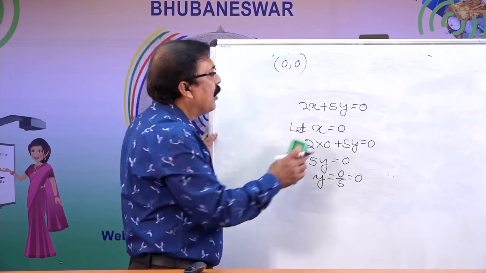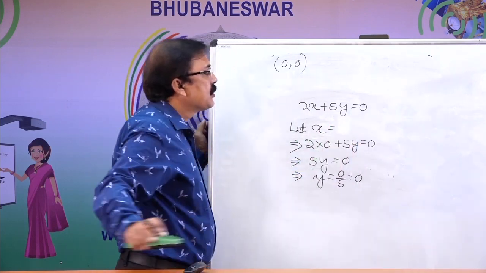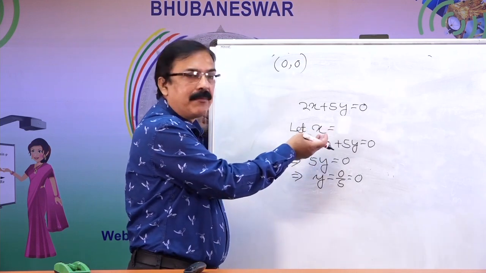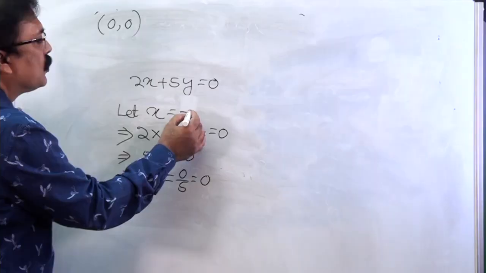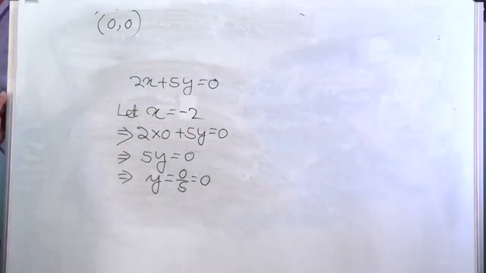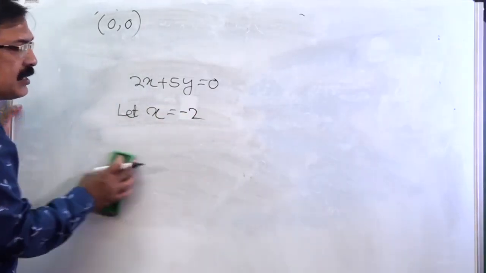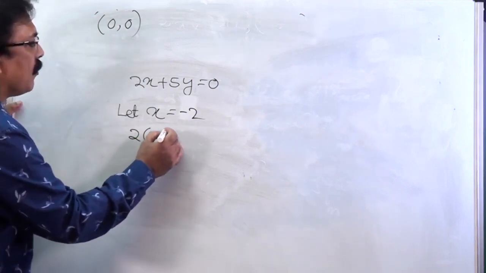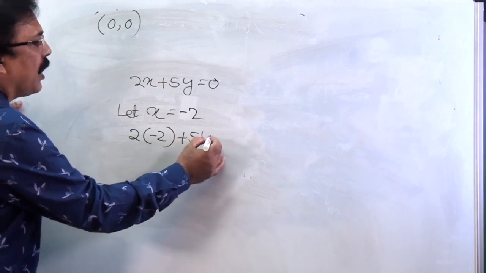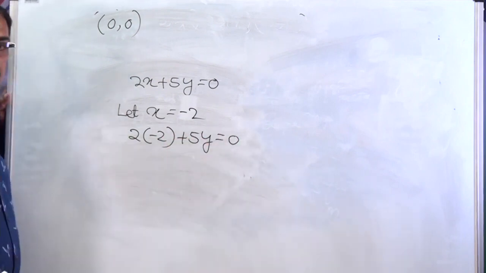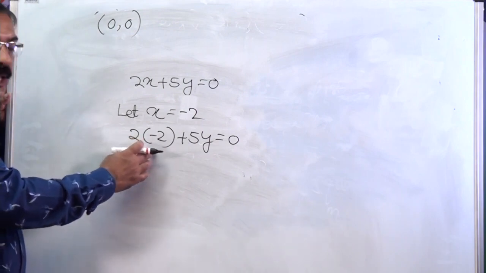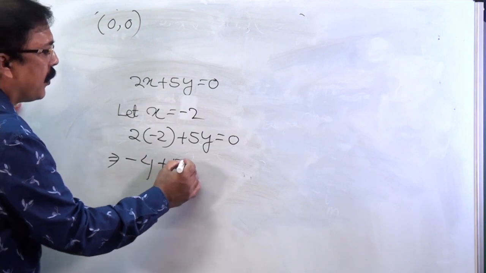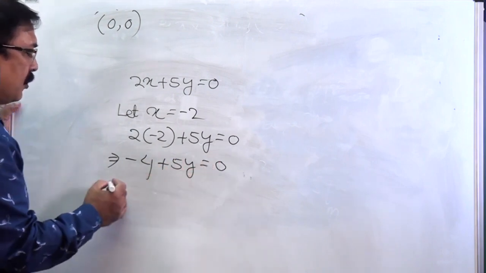Now if we put the value of x, let's try with some negative number, minus 2, then what is the result? What is the value of y for which this is satisfied? 2 into minus 2 plus 5y is equal to 0. So 2 into minus 2 gives minus 4, plus 5y is equal to 0.